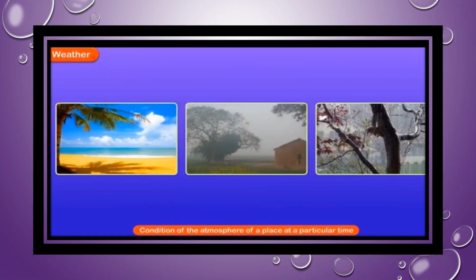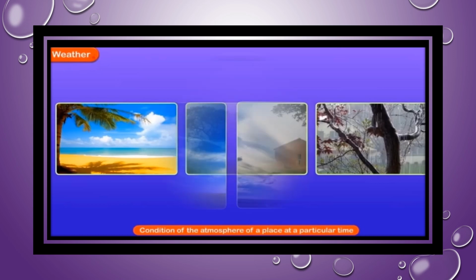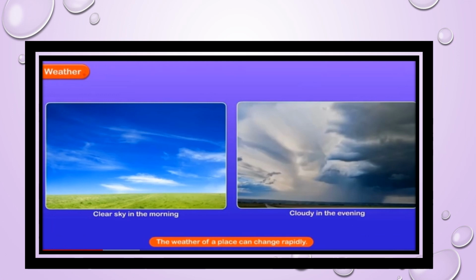Weather is a short term atmospheric condition of any place which may vary from time to time. All weather take place in atmosphere. The weather can change from day to day and even within the same day. We must say that weather is very dynamic and can change by the minute.